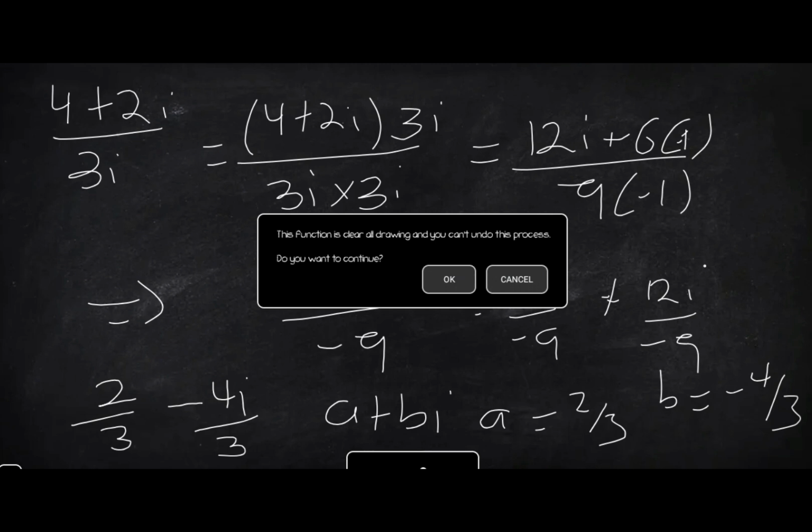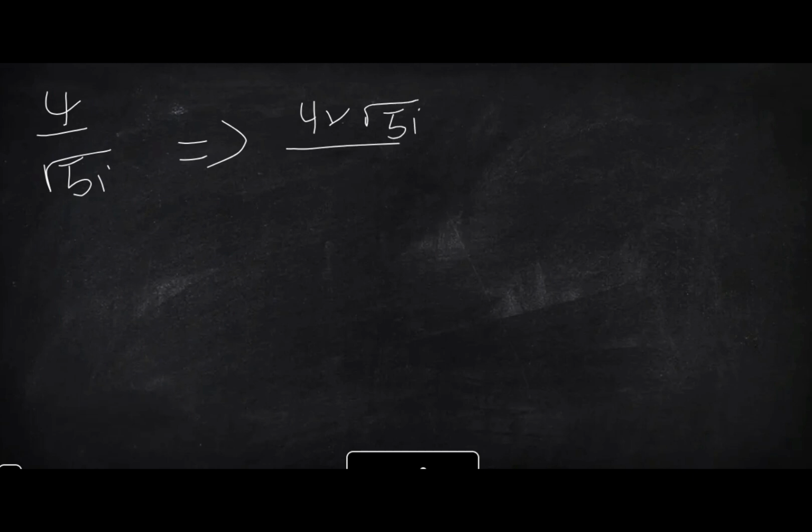Let's take our last example. We have 4 over root of 5i. So this becomes 4 times root of 5i over root of 5i times root of 5i.